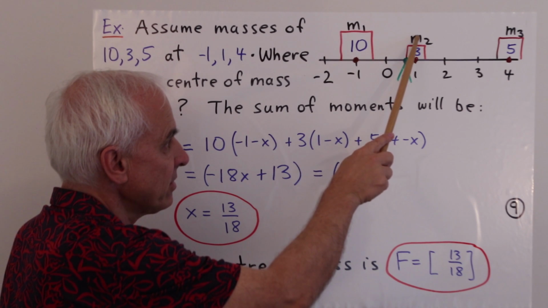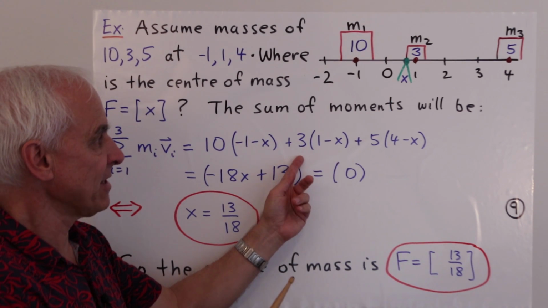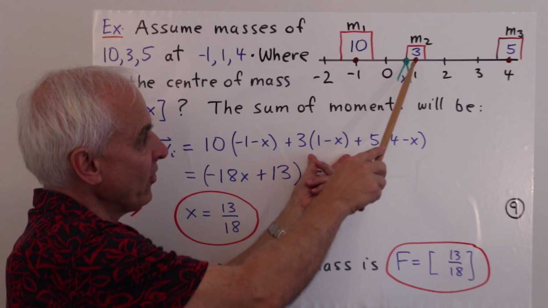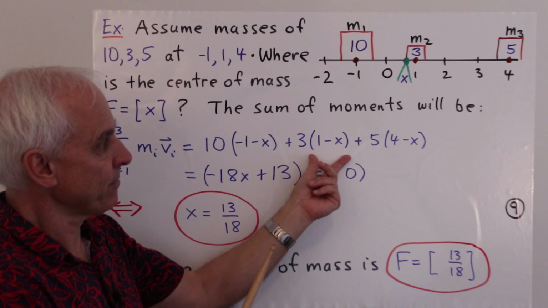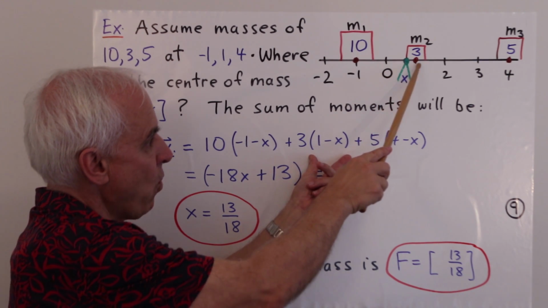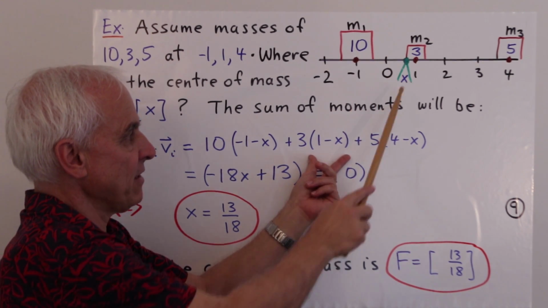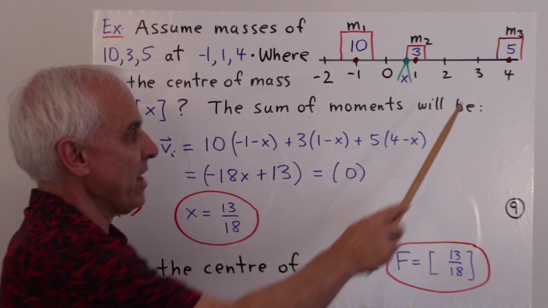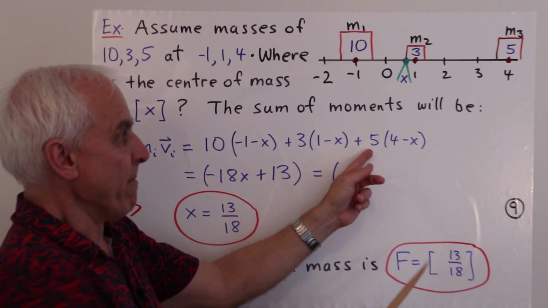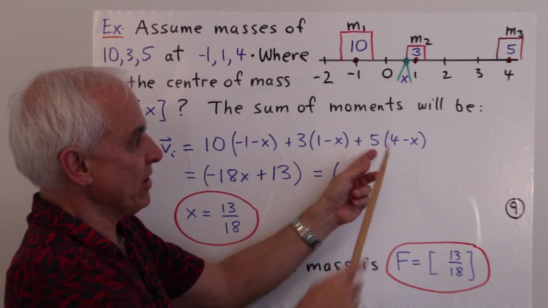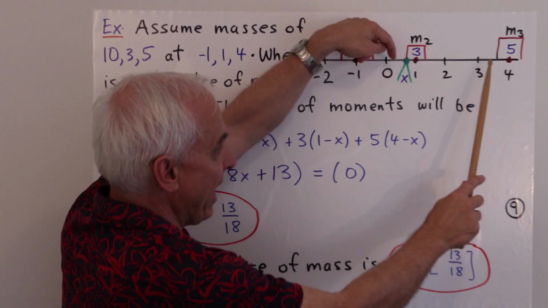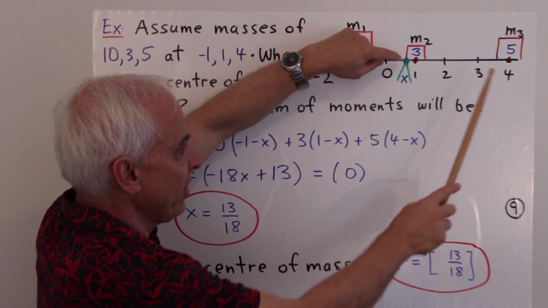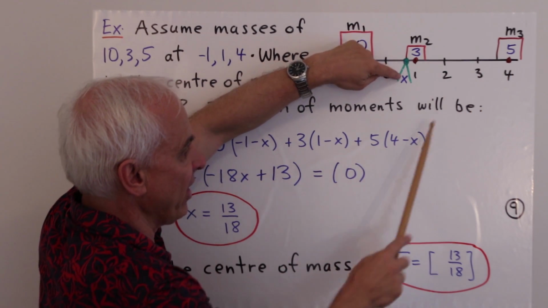The second moment exerted by m2 will be the mass, again times the displacement vector between x and where the mass is. In other words, we have to take 1 minus x, the difference in the coordinates between those 2 points. And the third moment involves the mass 5, as well as the vector going from x to 4, and that's the vector with round brackets containing the number 4 minus x.